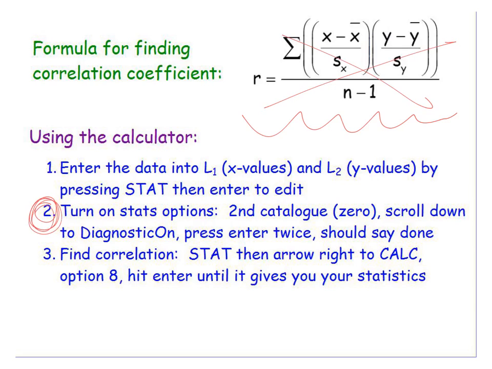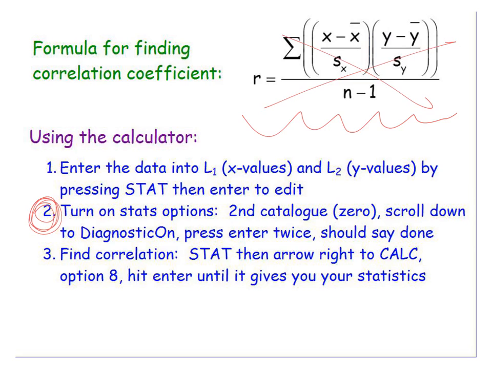This turns on all of the functionality that we need. To get to this option, you're going to press second catalog, which is the 0 button. So second 0. You're going to use the arrow keys and scroll down till you see the word diagnostic on. Then you're going to press enter twice and it should say done. Once you've done step 2, you never do it again.